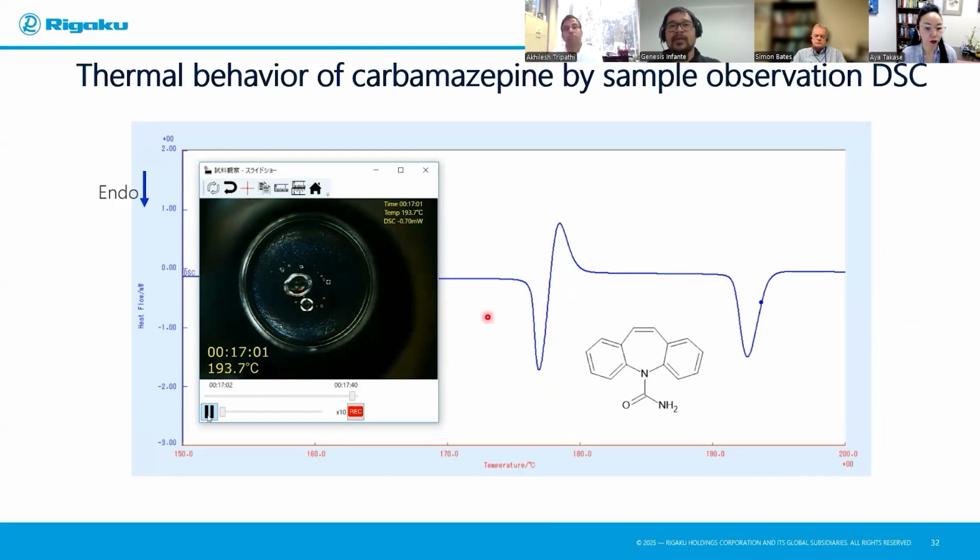This capability, the sample observation attachment, really drives the point that you can have a full story of how your materials behave, and you can associate that thermal event with a visualization on top of that, right? We can infer a lot of information based on what we know in general, but it's really hard to be sure about it until we have another layer of data included.